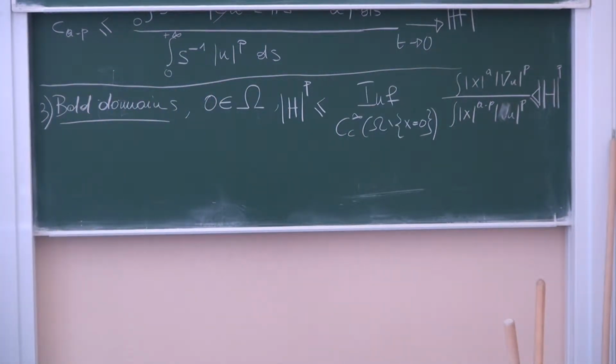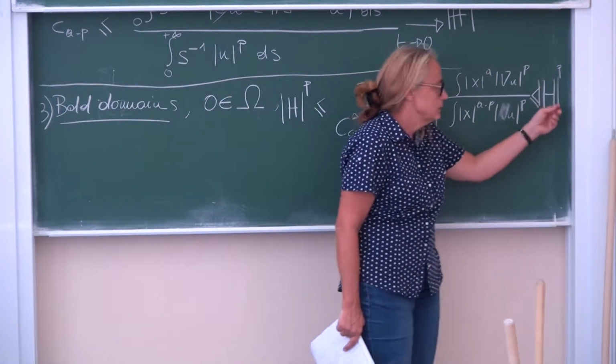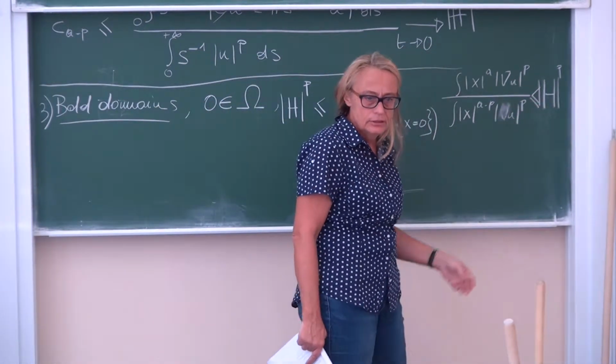This is because of dilations. Really simple, you take functions that almost realize the Hardy constant on Rn.